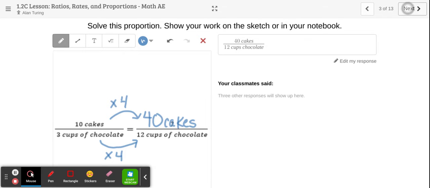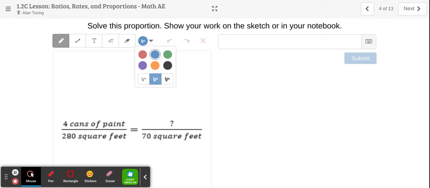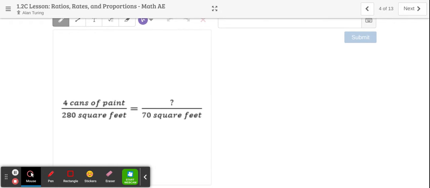Okay, slide 4. So 4 cans of paint to 280 square feet equals how many cans of paint to 70 square feet? So here our ratio went down. So what do you divide 280 by to get 70? 280 divided by 4 is 70.